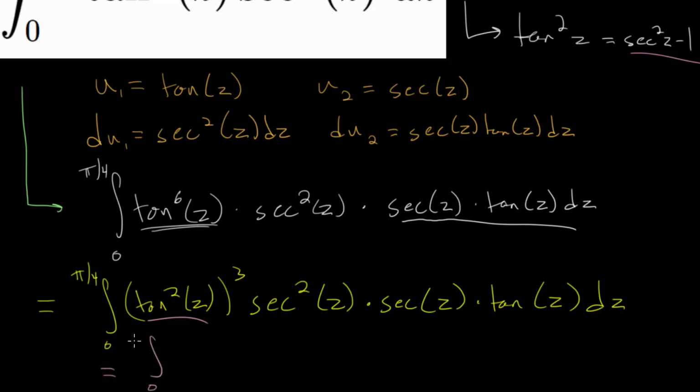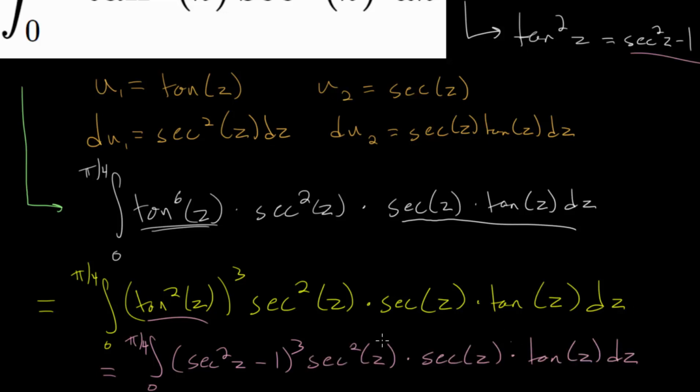So we still have that integral from 0 to pi over 4, but now we have the secant squared of z minus 1 all raised to the 3rd power. Again, I'll rewrite all of these secant terms multiplied together and then multiplied by the tangent of z dz.